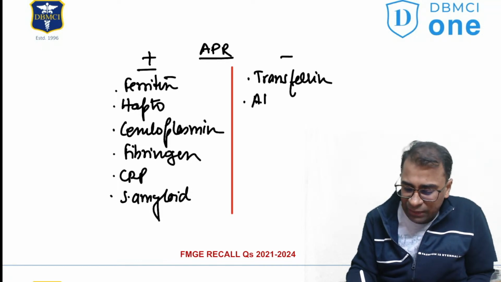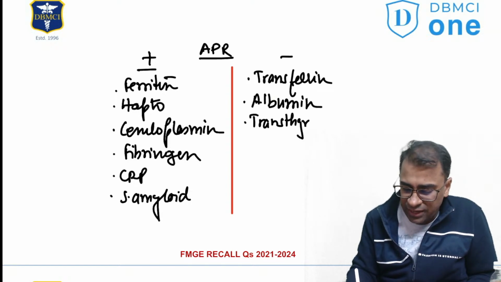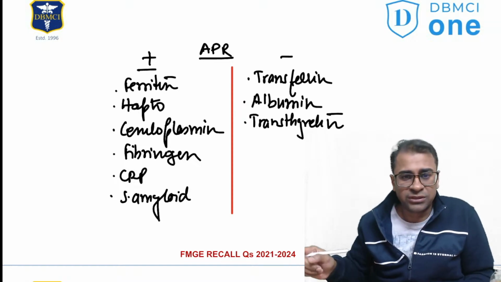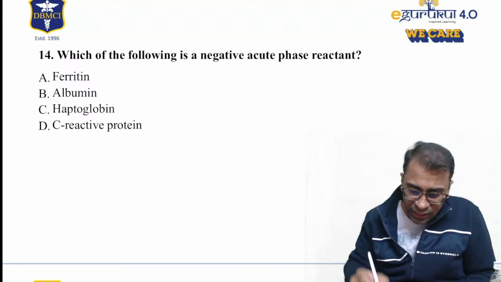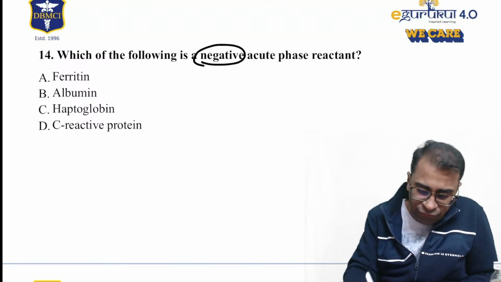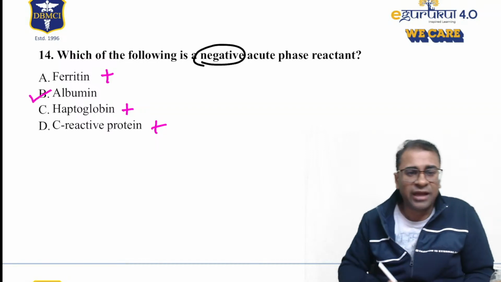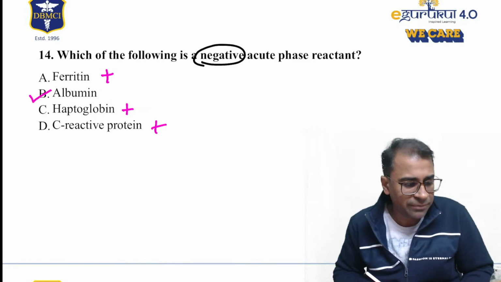Second, albumin is also a negative APR, and one more is transthyretin. This also is a negative APR. So among all the options you see here, negative APR is what? Ferritin is positive, this is positive, this is positive, albumin is a negative APR. ठीक है?